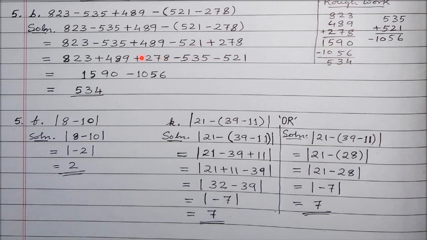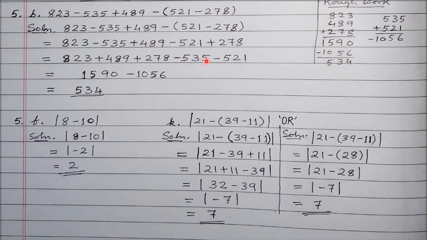Now we will find the sum of all the positives and the sum of all the negatives. So the sum of the positives, when we added them on the rough side, we got 1590, which will be written below them in the next step. And the sum of the negatives, we got 1056, which will be expressed with a negative sign because both of them were negative.